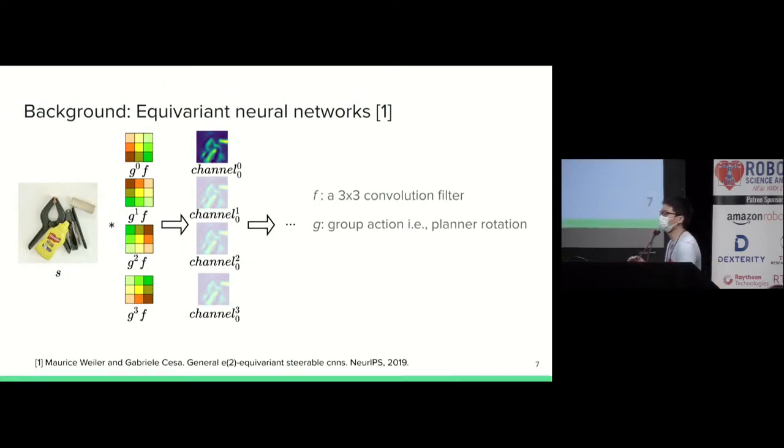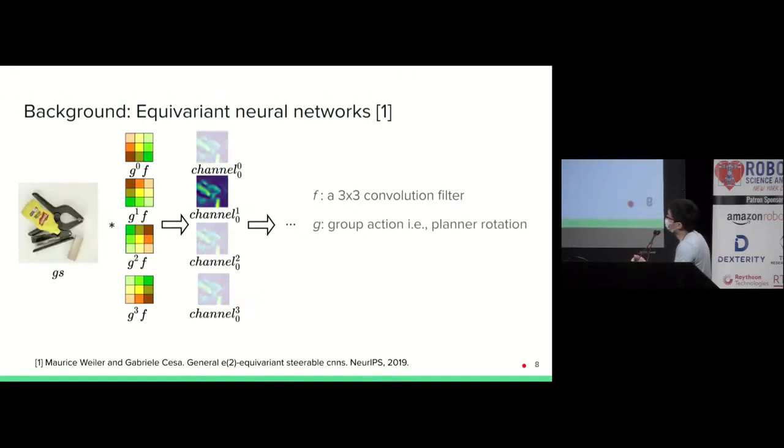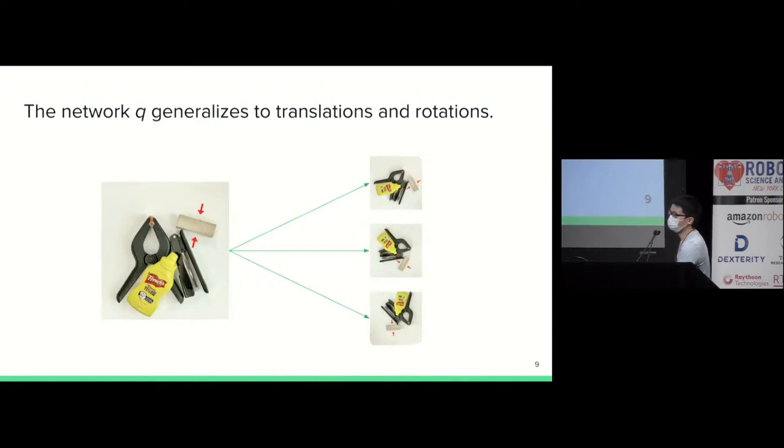Therefore, once the network learns a set of convolutional filters for image S, it automatically generalizes to any translated or rotated image gS, as shown in this slide. So once our grasp function Q learns the grasp pose in this image state, it generalizes to any translated and rotated images.